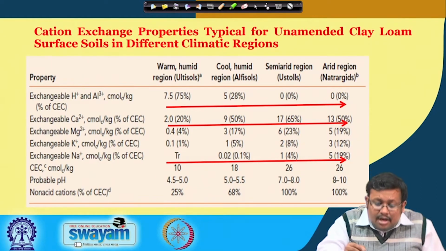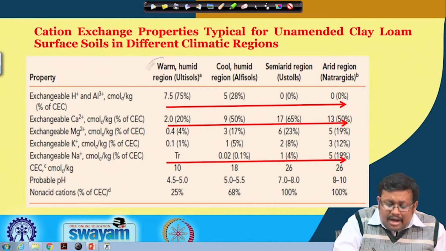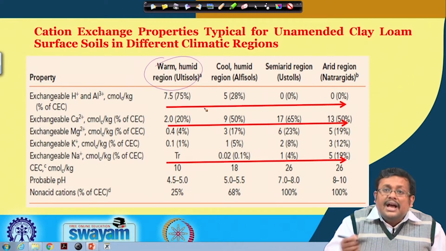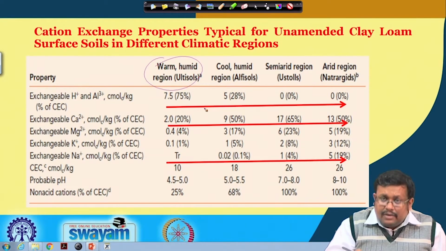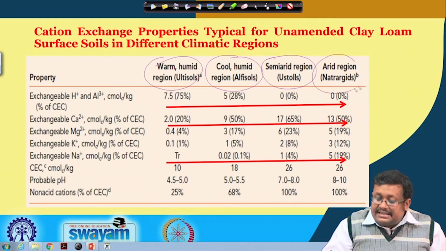If you can see one interesting trend, we are giving 4 different conditions. One is warm and humid region, represented by an ultisol, which is one of the highly weathered soils, then cool and humid region, represented by alfisols, then semi-arid region, denoted by ustolls, and then arid region, that is natargids.